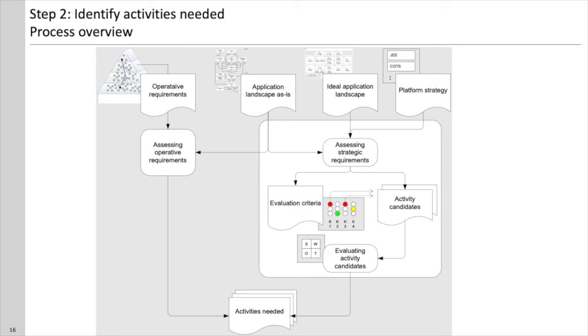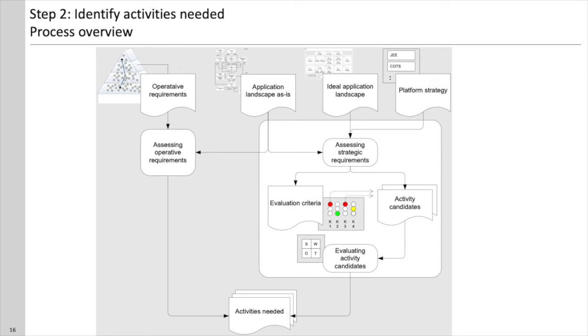And for the strategic, meaning concerning the ideal, we not only take the information from the as-is, but also from the ideal and from the platform strategy, if there is one. All that goes as input into assessing the strategic requirements, and out of there come evaluation criteria and activity candidates.